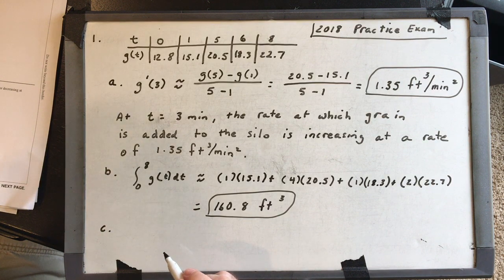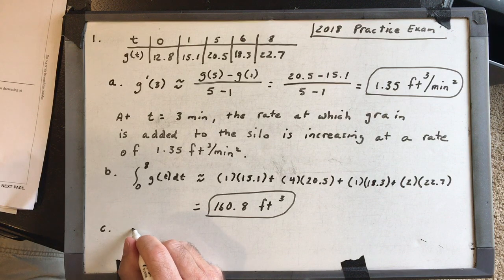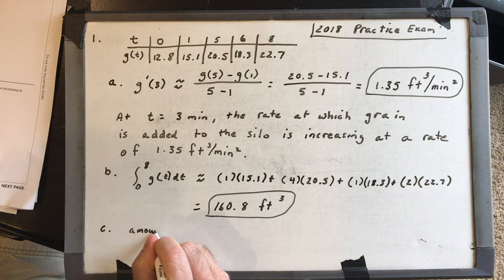Part C says the grain in the silo is spoiling at a rate of W of T, and it gives you that pretty nasty function there, where W of T is measured in cubic feet per minute. Using the result from part B, approximate the amount of unspoiled grain remaining in the silo at time t equals 8.